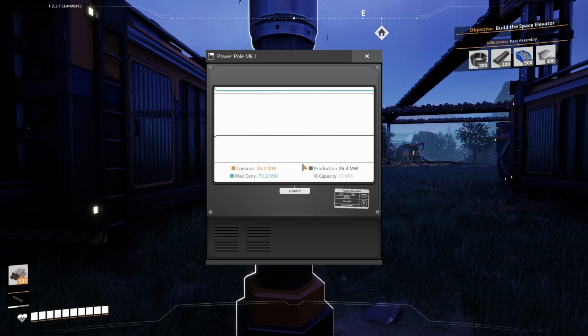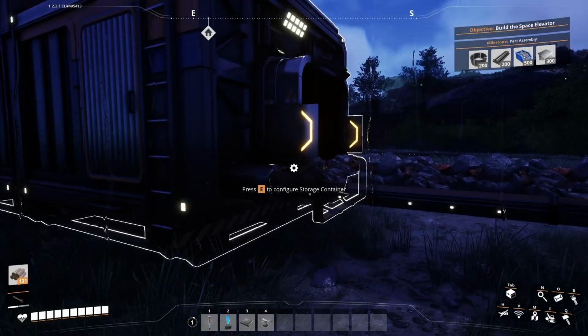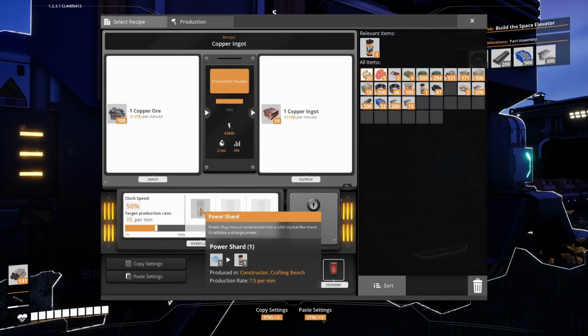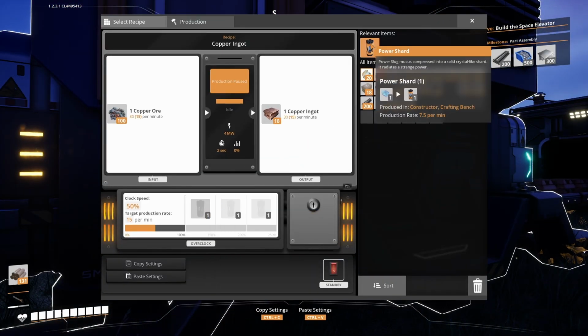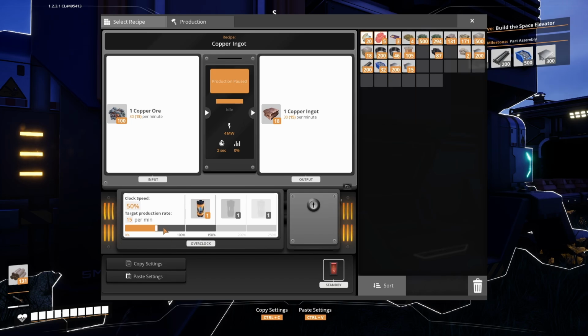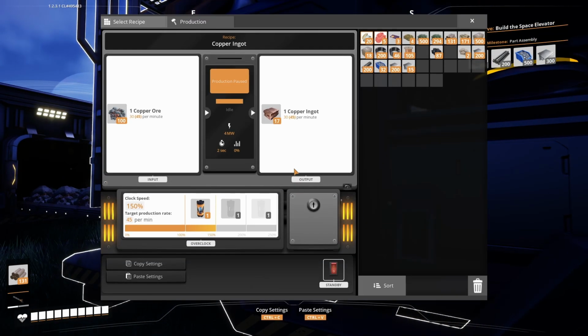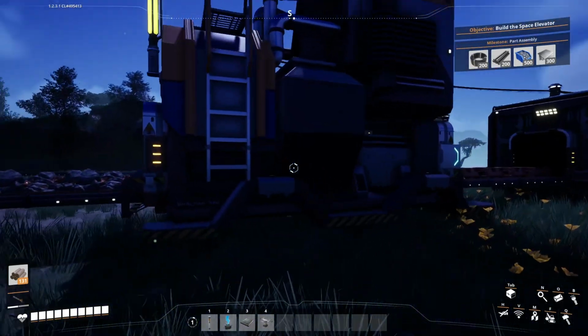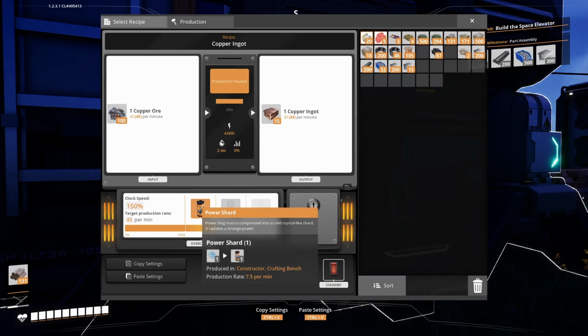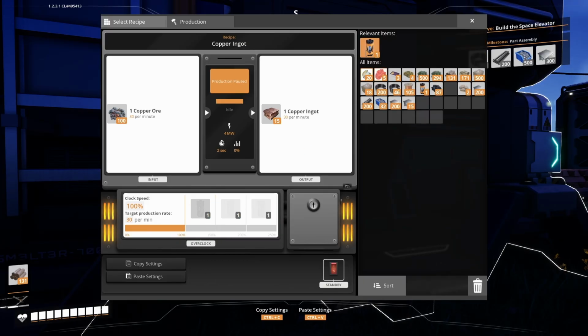Check our power grid real quick. Boom. If I put this in here, just to see. Targets 45 per minute. Is that temporary? Or like, can I remove it? Let's go down to 50.